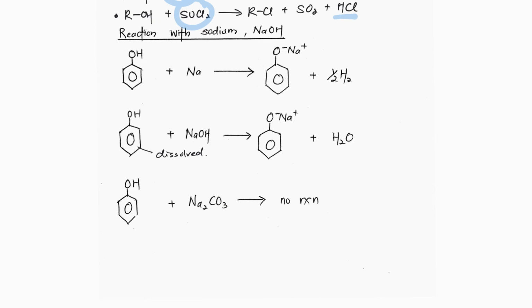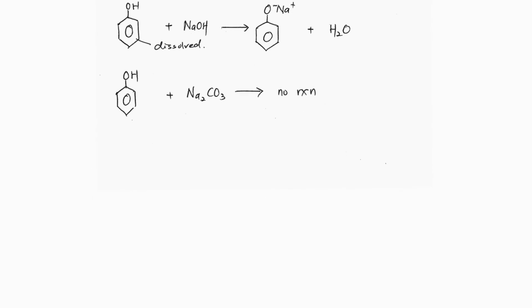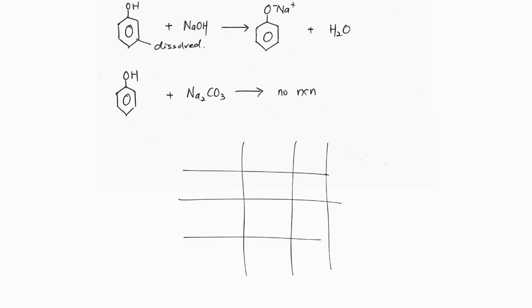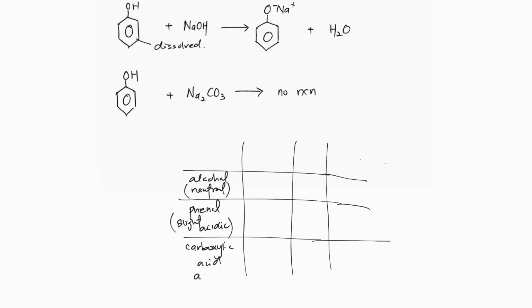Students are always confused between three of them: alcohol, phenol, and carboxylic acid. Alcohol is neutral, phenol is slightly acidic, and carboxylic acid is acidic.